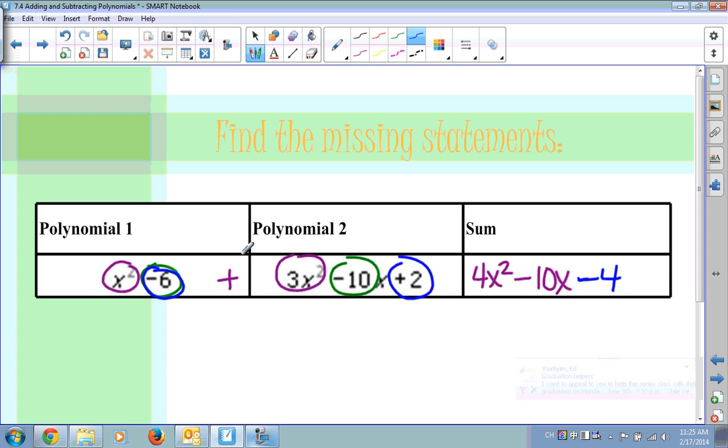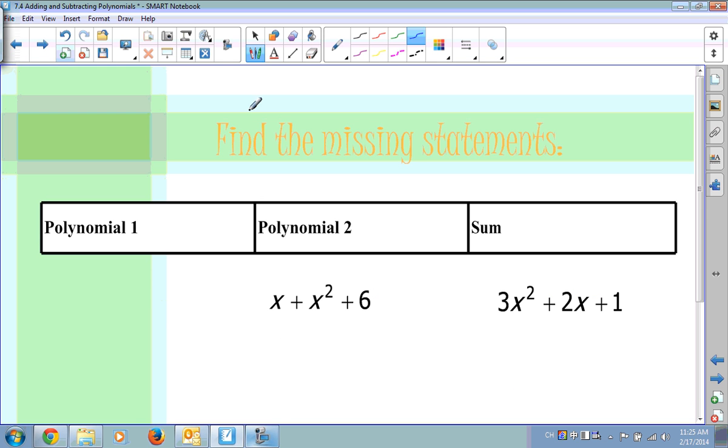Now look at the next row. Yeah, we have the sum, and we have one of the polynomials. How are we going to find the first one? So really we're doing 3x squared, the sum, plus 2x plus 1, minus, notice my parentheses, all of this.